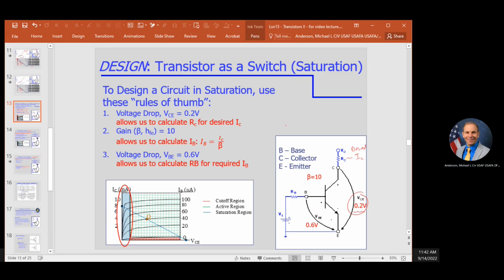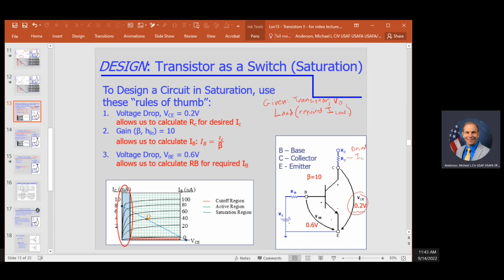So let me back up a little bit. In this scenario, maybe I hand you a transistor, and we're going to do an example in a second. So I hand you a transistor, and I say, you've got a certain voltage source, and you've got some load that I want you to power with it. The load, maybe you look up on a data sheet, or it has some requirements, it probably has some required current that it needs.